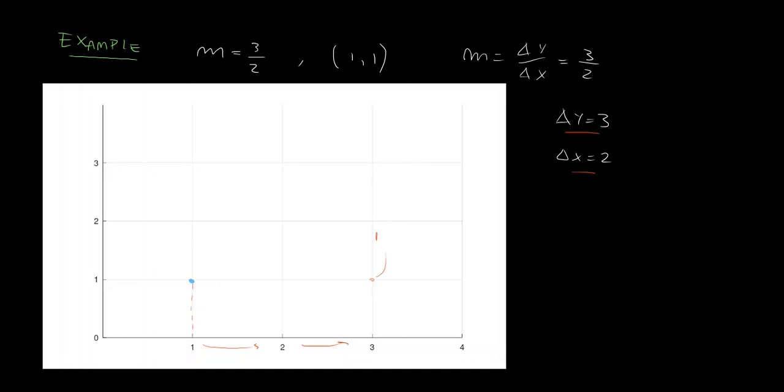That is 1, 2, 3. And our next point is 3 for x and 4 for y. And 2 points are enough to generate a line. So with these 2 points we can already go ahead and plot our function.